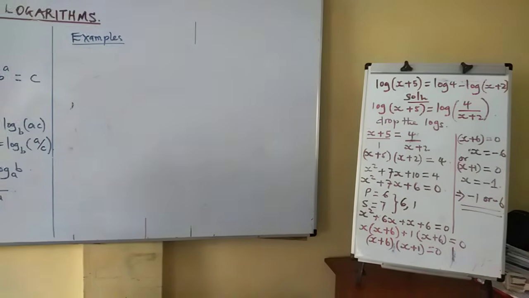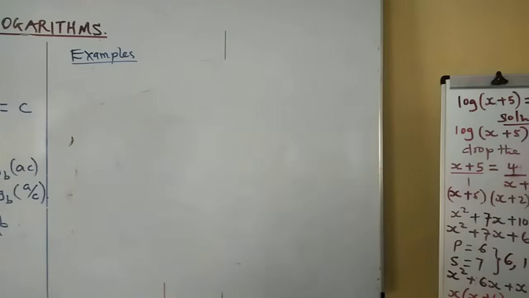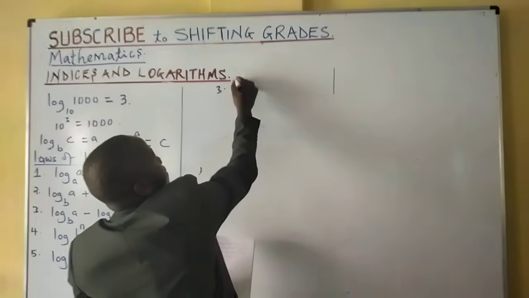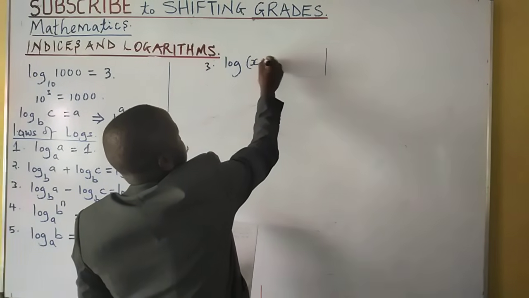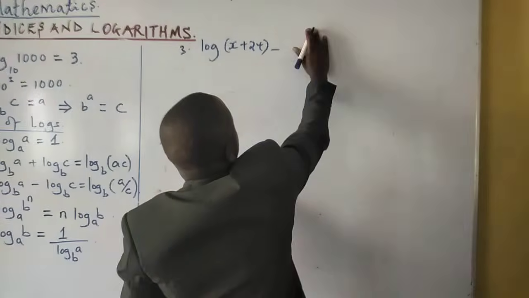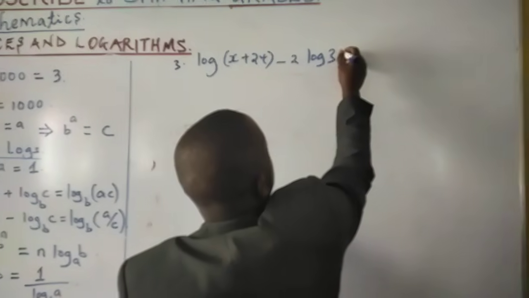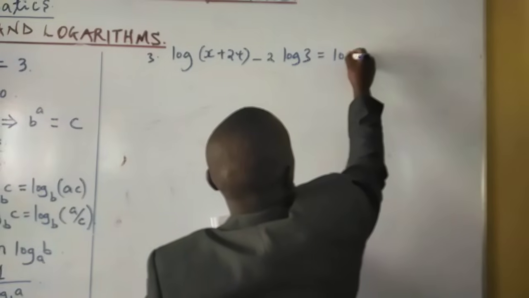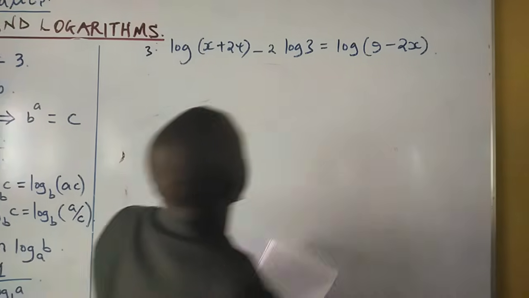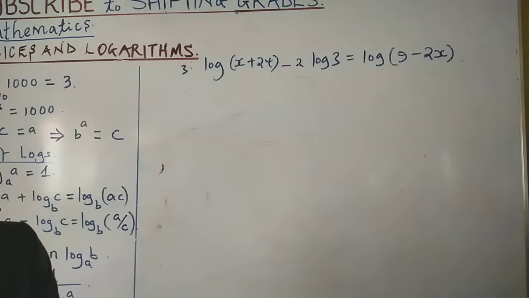The third question says this: example number 3, the log of x plus 24 minus 2 log 3 is equal to the log of 9 minus 2x. Therefore, we again solve this one.